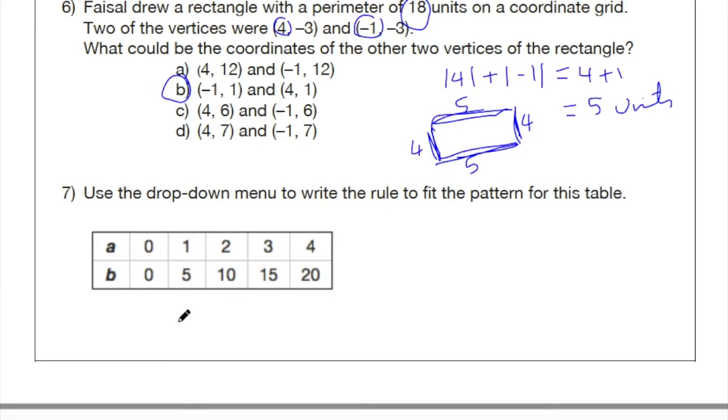Maybe we add 4 or we multiply by 5. Let us check. For the next one, 2 and 10, if you add 4, it will be 6, not 10. But if you multiply by 5, it will be right. So the rule here is B equals 5A. We name B the dependent variable and A the independent variable.